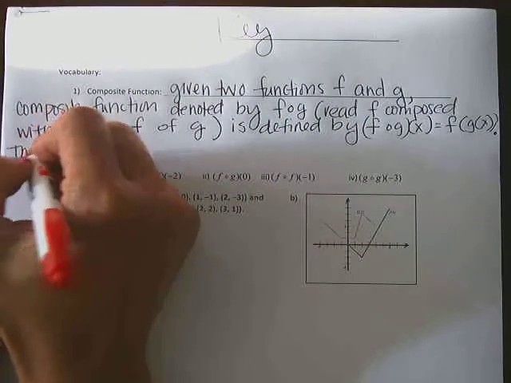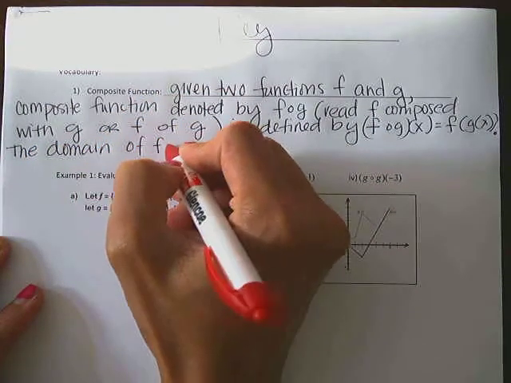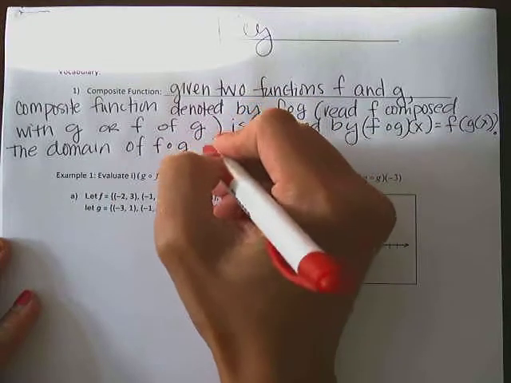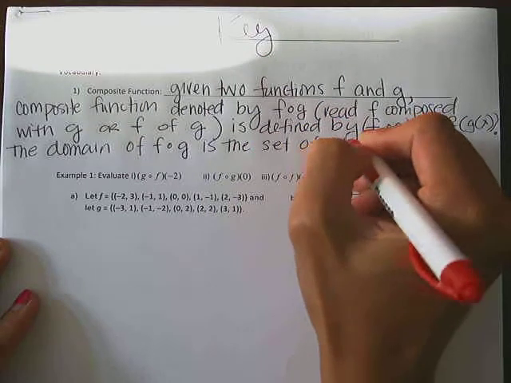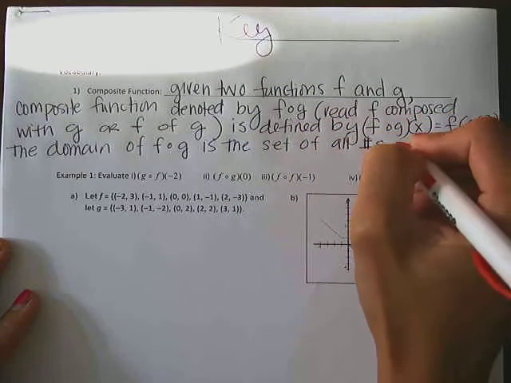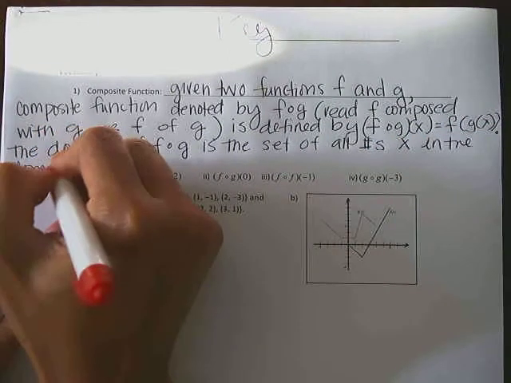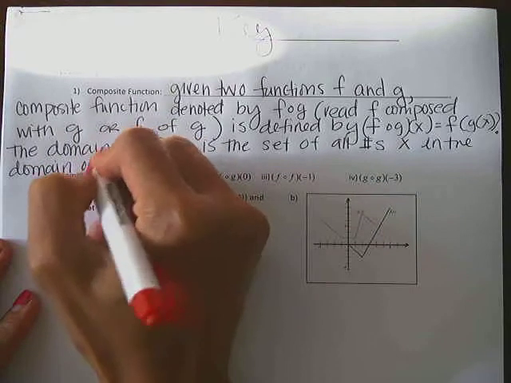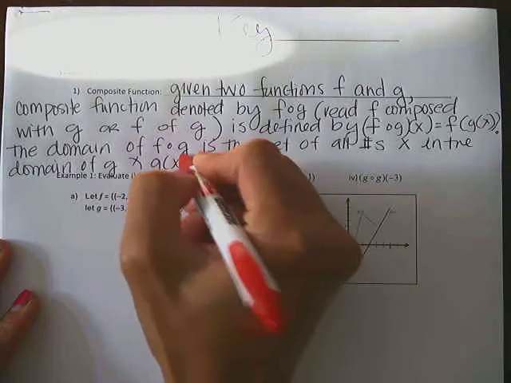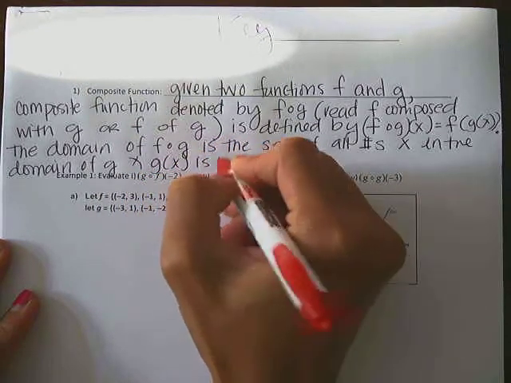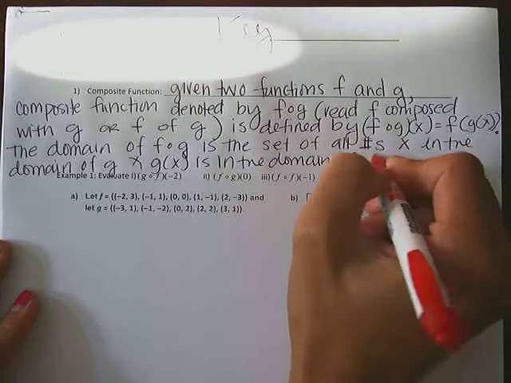The domain of f composed with g is the set of all numbers x in the domain of g such that g of x is in the domain of f.